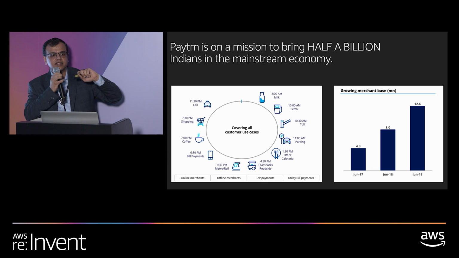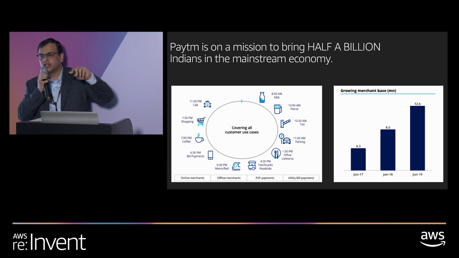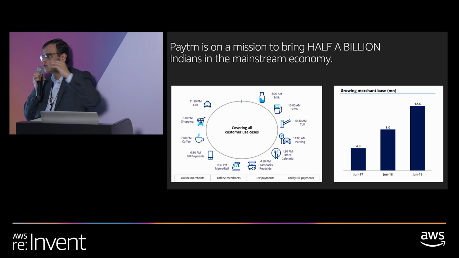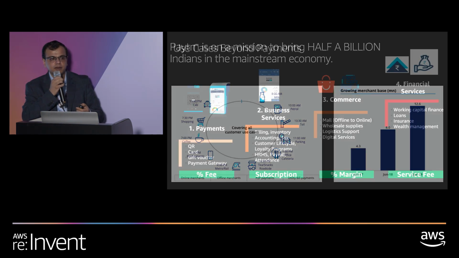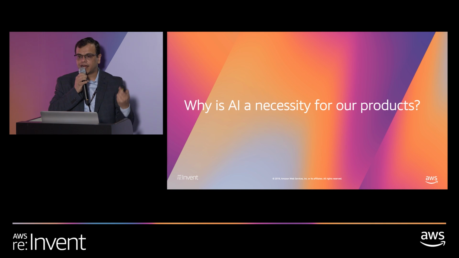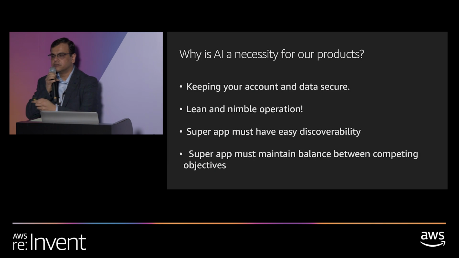Or if this is 4 p.m., how do I know that I can actually purchase lunch with this? Obviously one way is that the merchant is doing some kind of advertising or showing the QR code and so on. But when I am opening the app, how do I know that this use case is even possible using the app? So discoverability among that many use cases becomes a challenge.